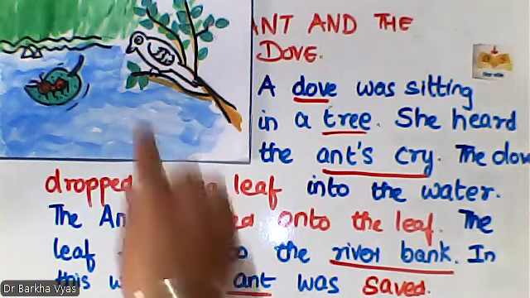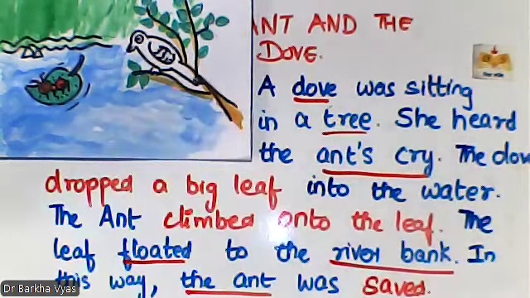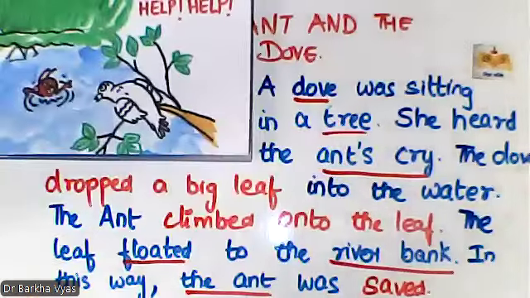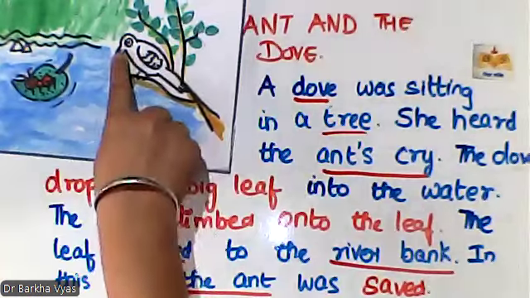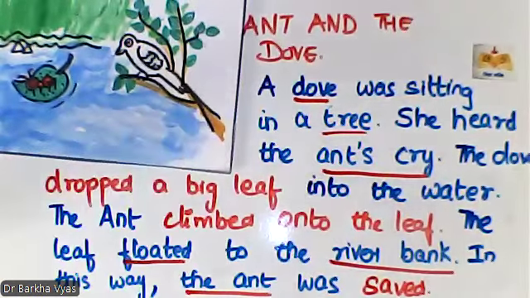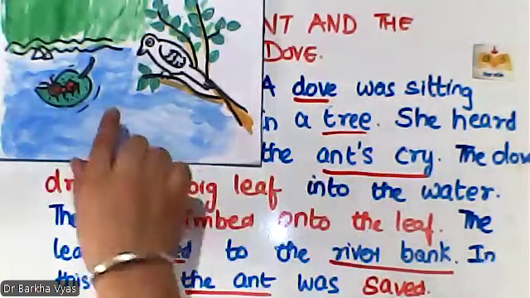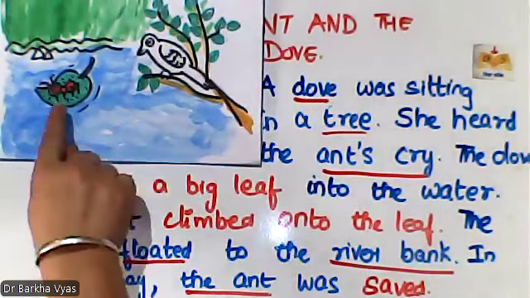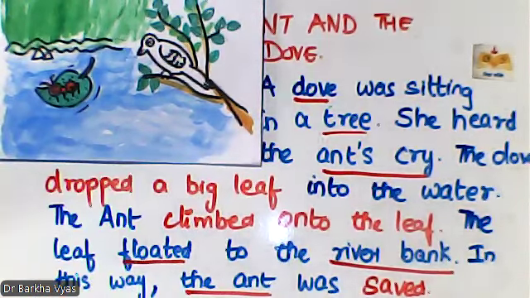What happened? A dove was sitting in a tree. She heard the ant's cry, help, help. The dove dropped a big leaf into the water. The ant climbed onto the leaf. कहाँ ant चढ़ा?